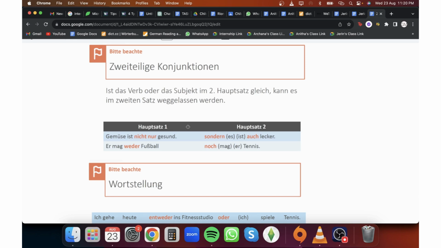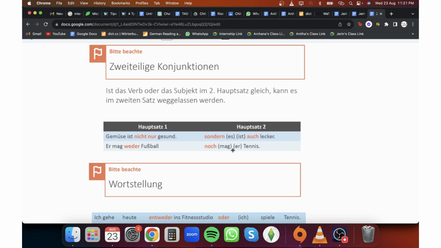That's why I've written them in brackets. You do not need to write them, but if you do, you will write the subject first and then you will write the verb. S will come first, then ist. In the Hauptsatz 1, you obviously have to write the verb at the second position. No other option. In the Hauptsatz 2, you can omit it.